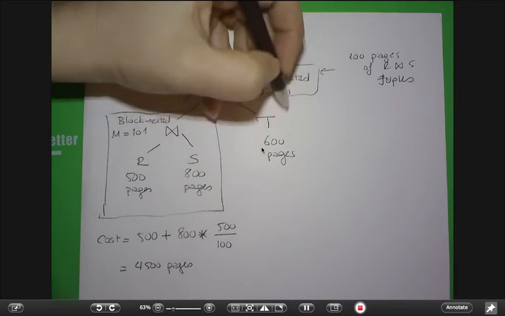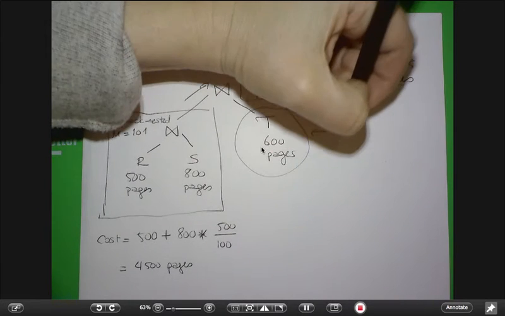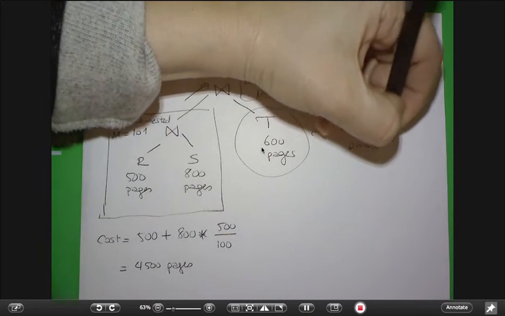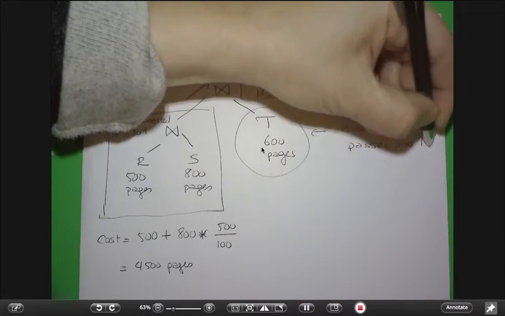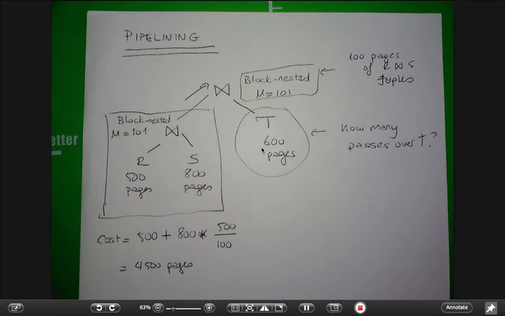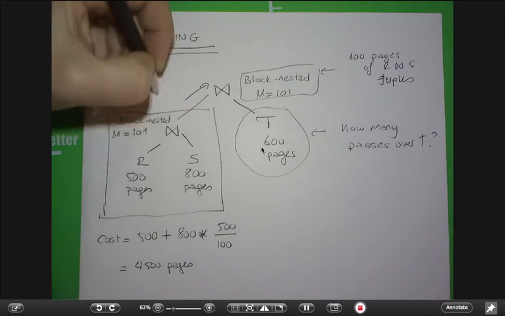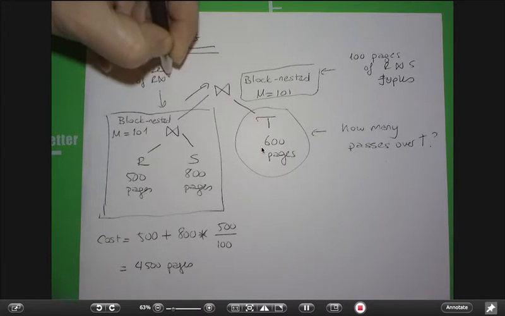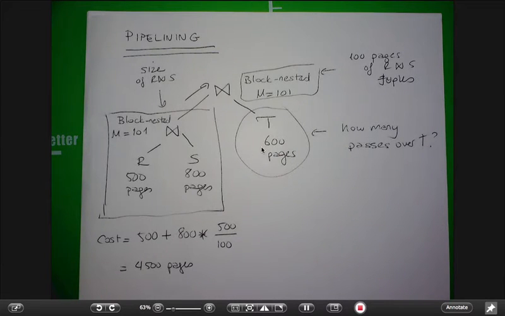How many passes over T do I need? It depends on the size of the output of R join S. We've learned there are two ways to compute that.